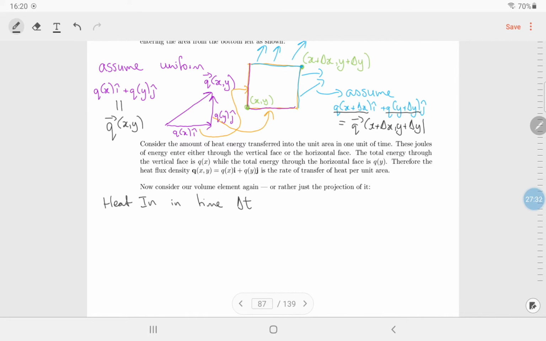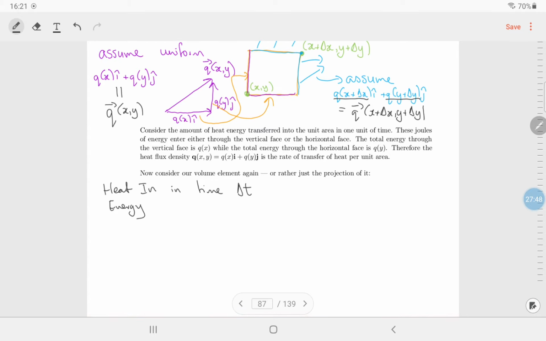The heat flux density is energy per area per time, so if we multiply it by area and time, it'll just be heat energy. So we've got the bit coming through the bottom, which is q y times the area of that. We've got a little delta z coming through, so that's delta x by delta z, and then how much time, delta t, plus how much heat is going into the vertical face.